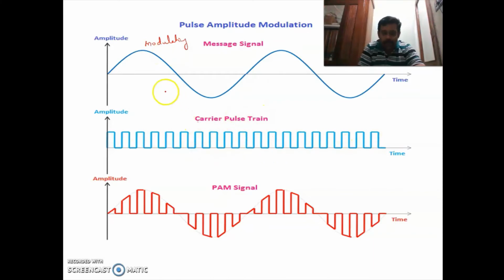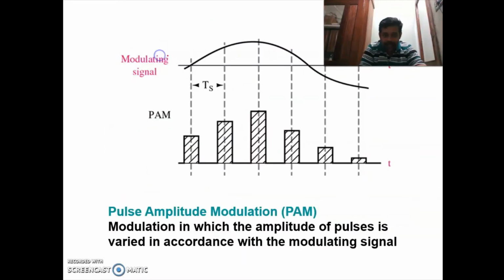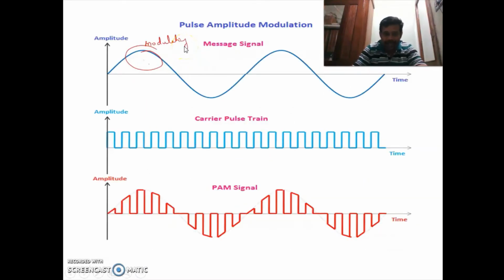Now you are sampling this message signal by means of this carrier pulse train. And this is the pulse amplitude modulated signal. Actually what you are doing is sampling your message signal by using a carrier pulse train.